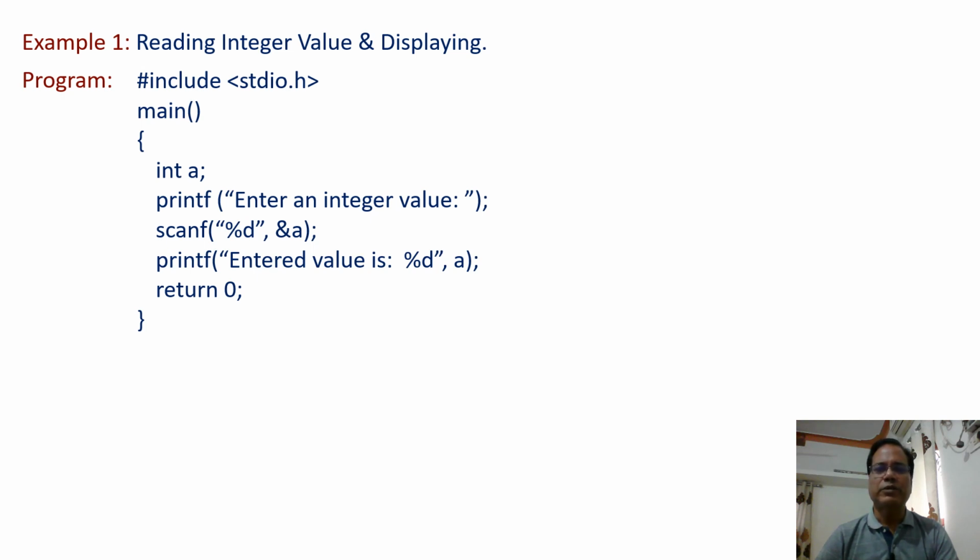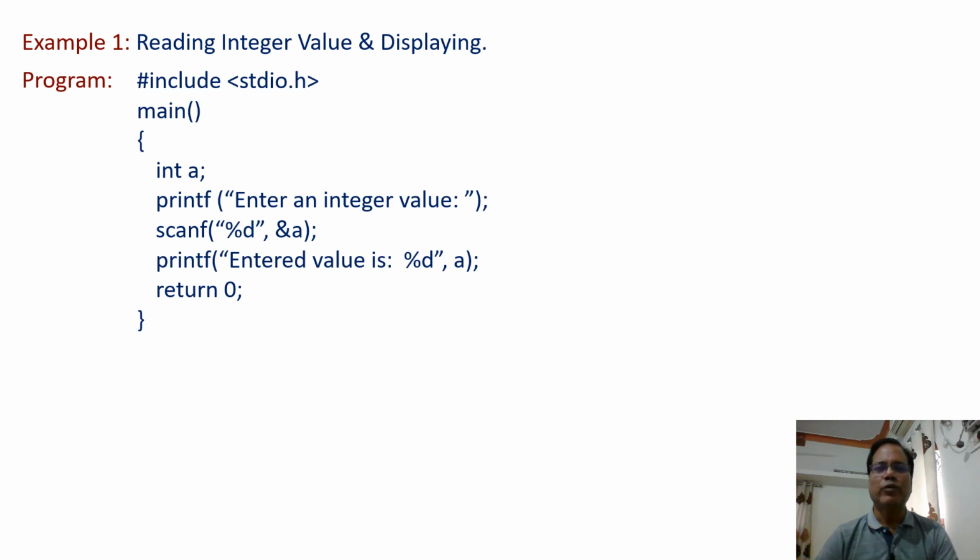Once the enter key is pressed, execution moves forward, and the next statement is the printf statement: Entered value is %d. So what happens at this point? The compiler searches for the variable a, and the value of variable a that was entered and stored gets printed at this point.